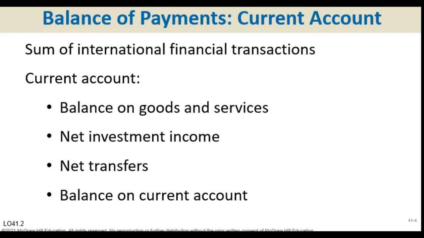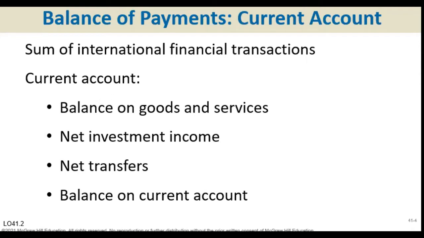In the United States, the Commerce Department's Bureau of Economic Analysis compiles a balance of payments statement each year. It is organized into two main categories. First is the current account, and then we have the capital and financial account.